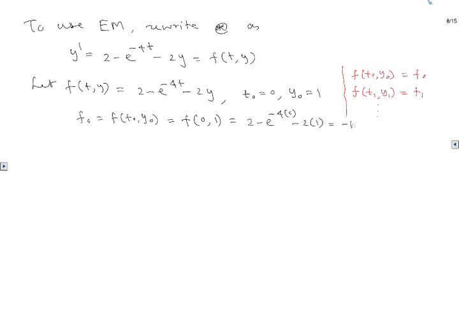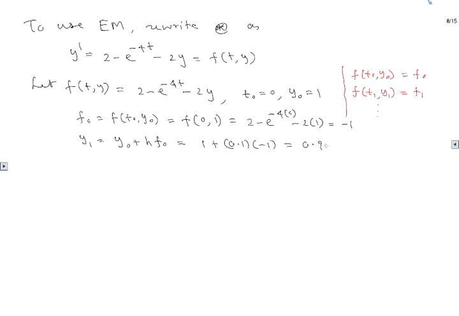That's f naught. Now we can calculate y1, the next value. So it is simply y naught plus h f naught according to the notation. That means it is 1 plus h, which is 0.1, times f naught, which is negative 1. If you simplify, you end up getting 0.9.